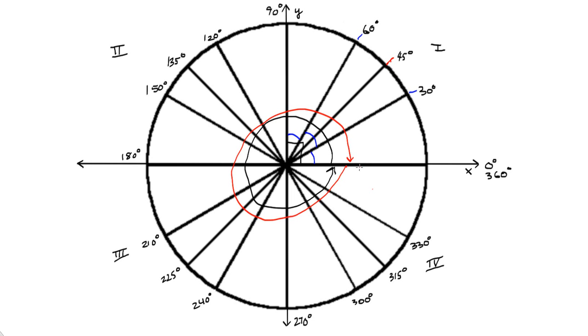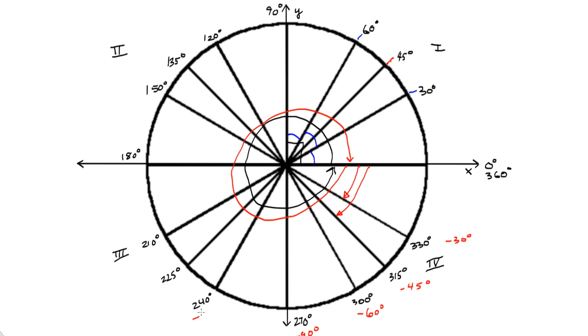So if I go from here to here, I've moved 30 degrees of measurement, haven't I? But I've moved in a clockwise direction. So this is actually negative 30 degrees. And then I think you can see that if I did this, I would be moving negative 45 degrees. And we could continue around negative 60 degrees, negative 90 degrees.